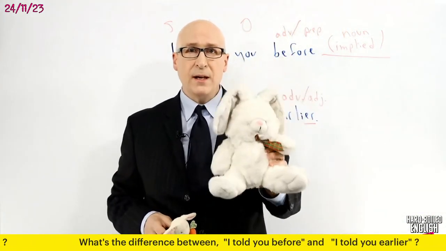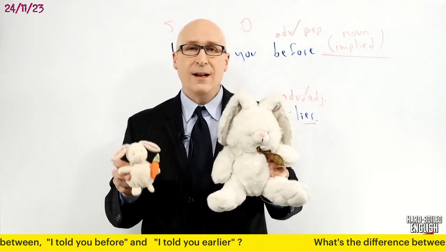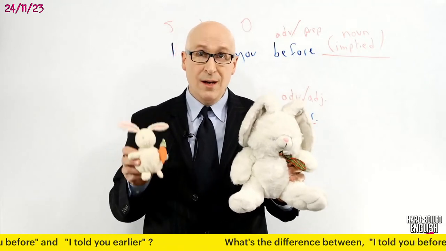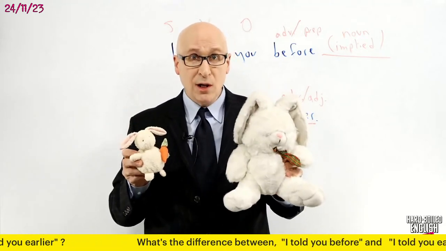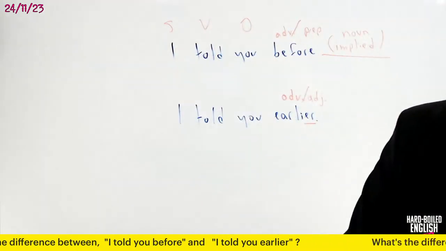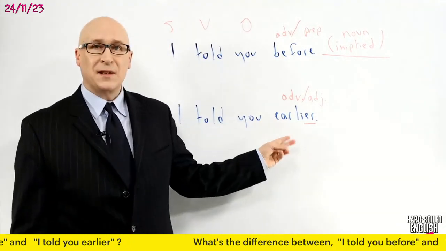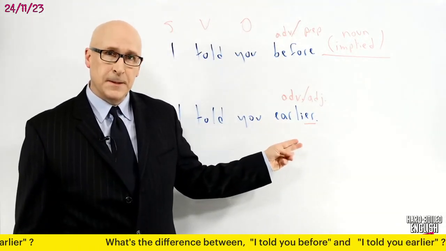This bunny is big, this bunny is small. So we can say this bunny is bigger than this one, or this bunny is smaller than this one. That er suffix creates a comparative. Earlier is a comparative adjective, right?